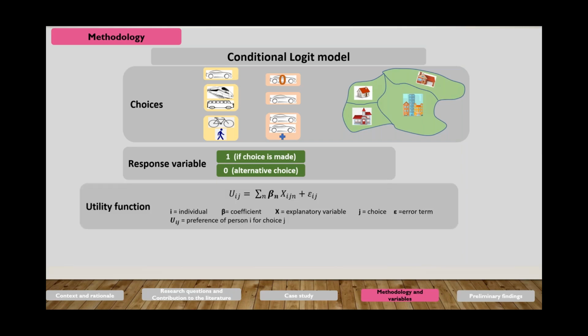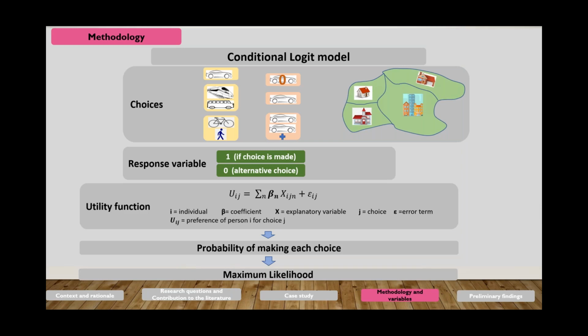The main function here is the utility function. I estimate the coefficient of each explanatory variable, which explains the partial effect of that variable on the choices. I calculate the probability of making each choice, and then I use the maximum likelihood method to estimate this partial effect.